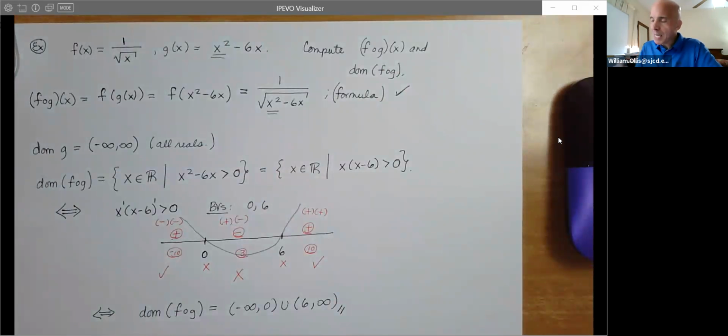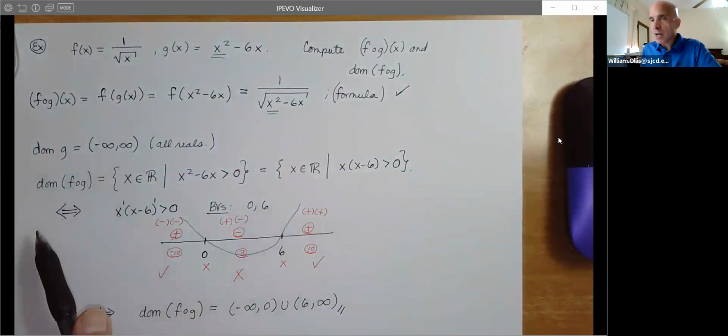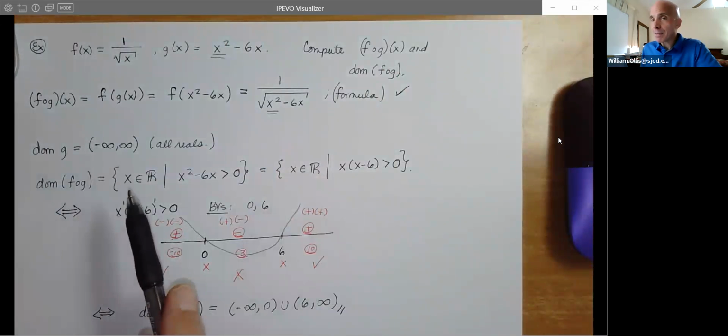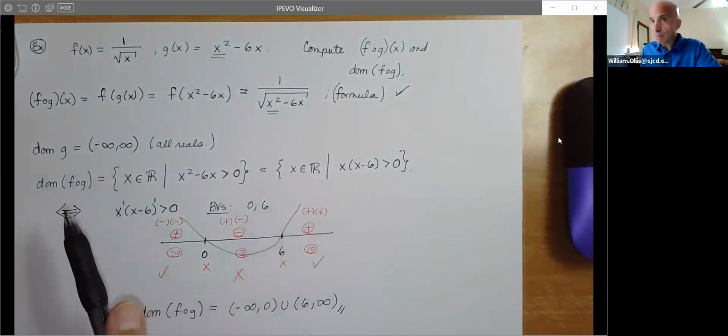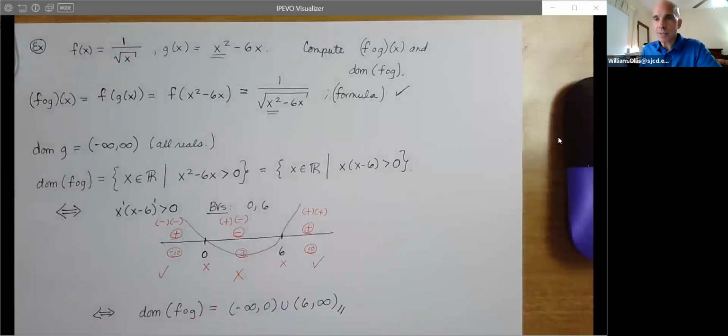So keep that in mind. Again, we want this to represent that we started with the domain of g, and then of course we end with the domain of f relative to the fact that we get real input and real output. So that drives all of what we've done here.